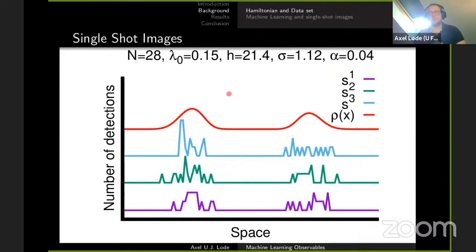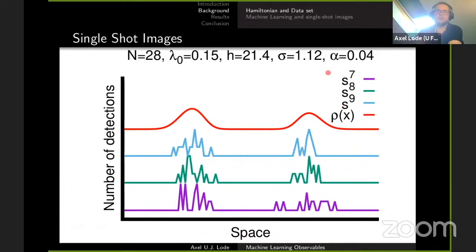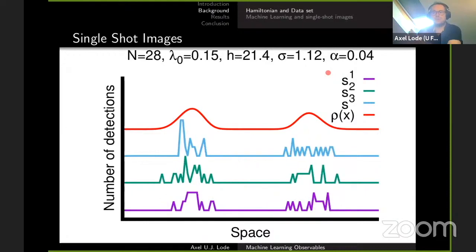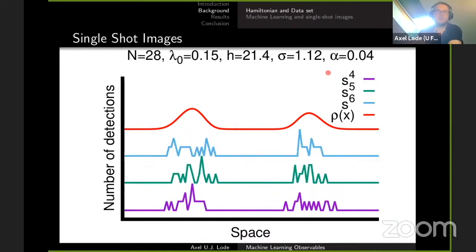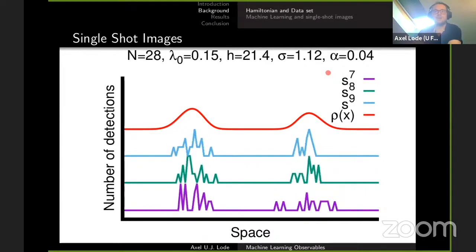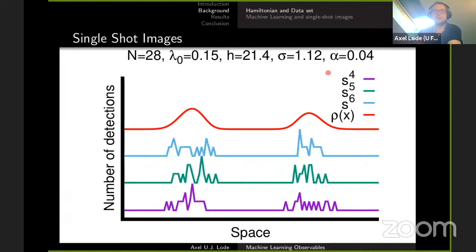I plot some single-shot images as well as their average. The average is this red line on top, and the single-shot images are the lines on the bottom. When I skim through these slides, you see the positions of the particles in each detection fluctuate, while the average density stays the same, since we consider the same many-body state.